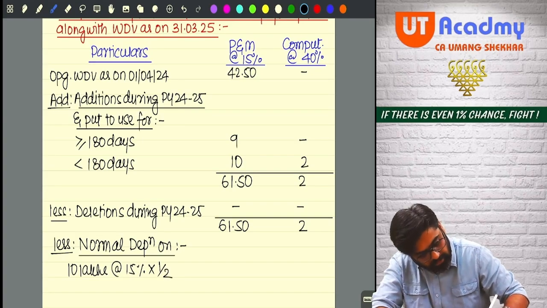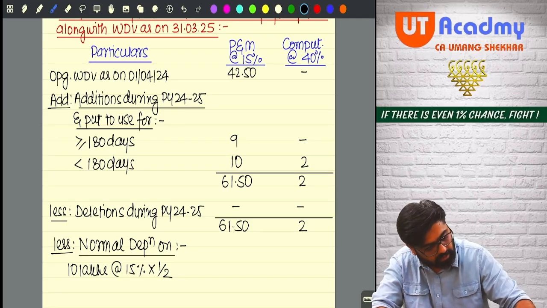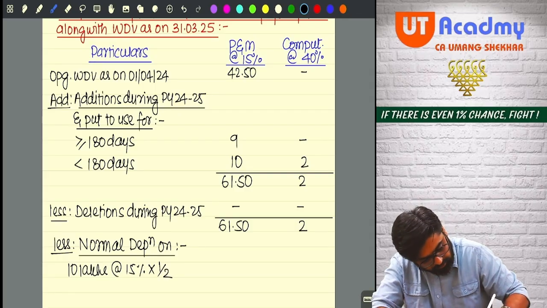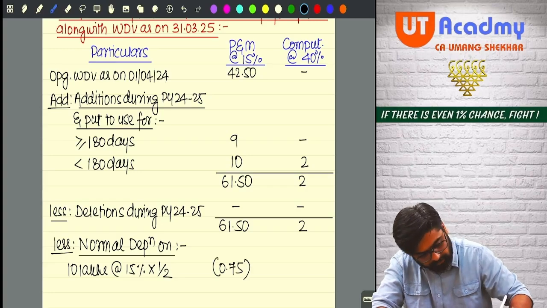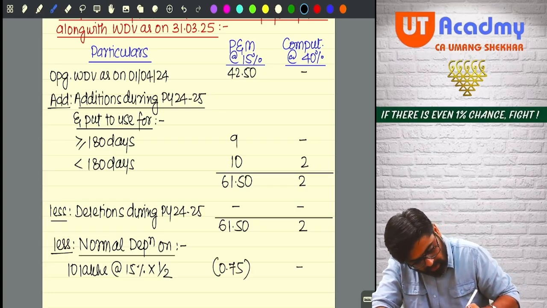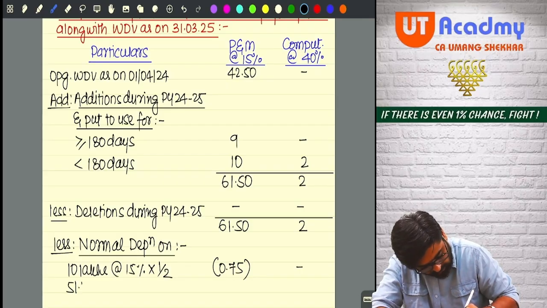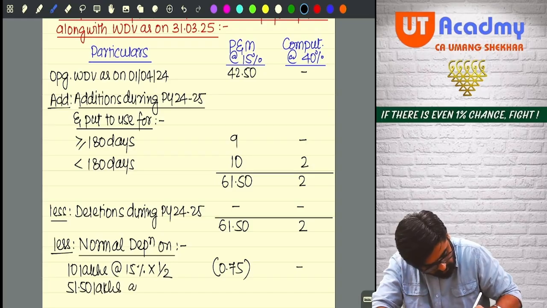So it will be 10 lakh into 7.5% will be 0.75. Done. Here it will be dash. On 51.5 lakhs, now it will be full 15% rate.